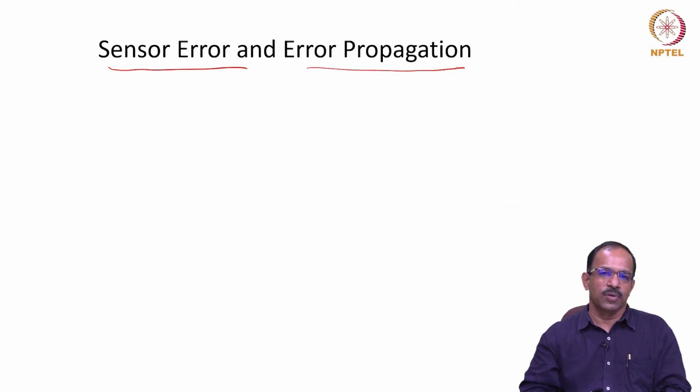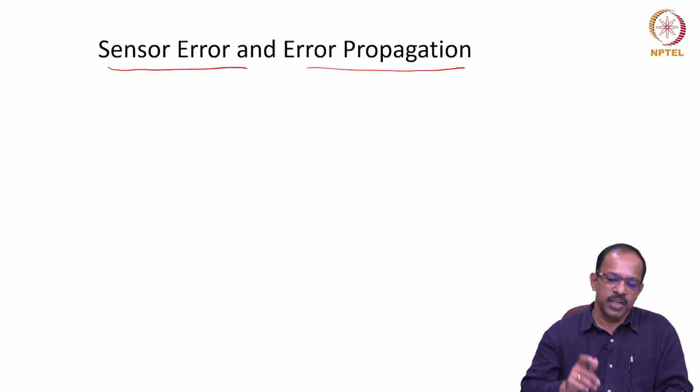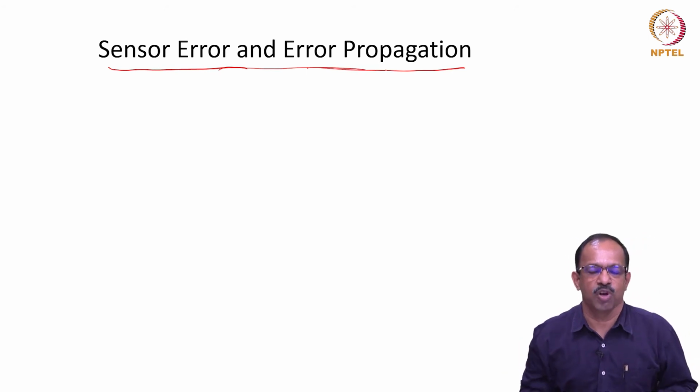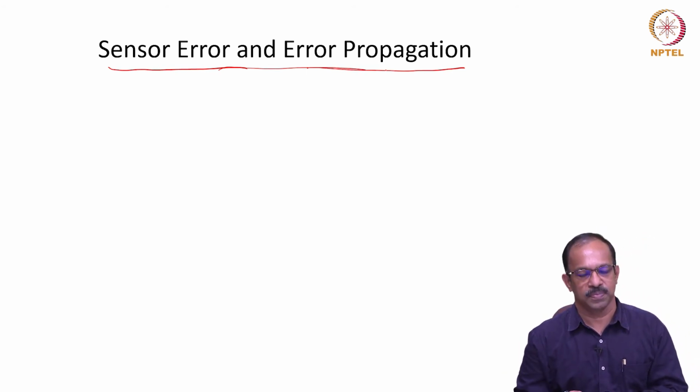So we need to have some understanding of what the error in the sensor is, and how this sensor error will lead to additional errors in the estimation of sensor characteristics, the robot pose or other characteristics of the robot. This is why we need to know the error propagation model that is normally used in robots.